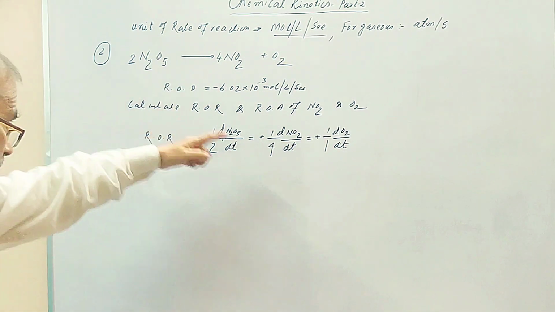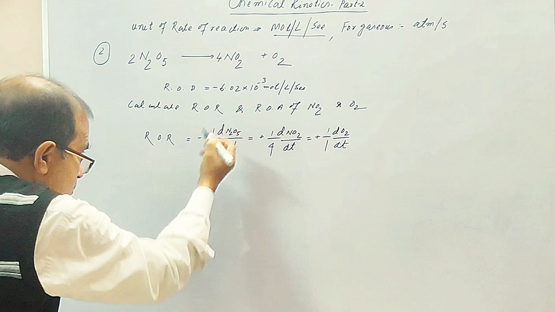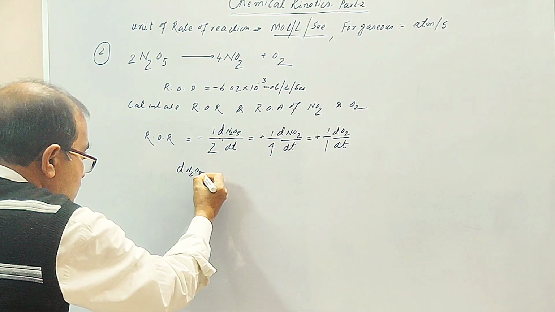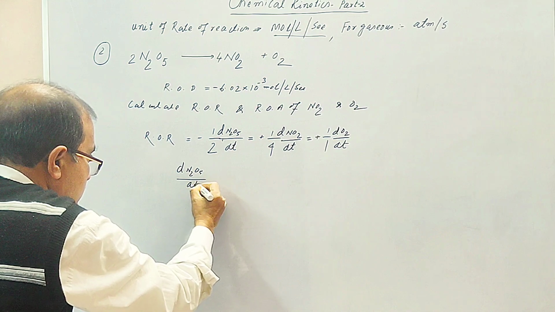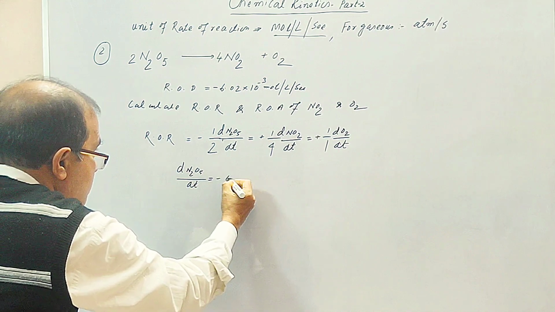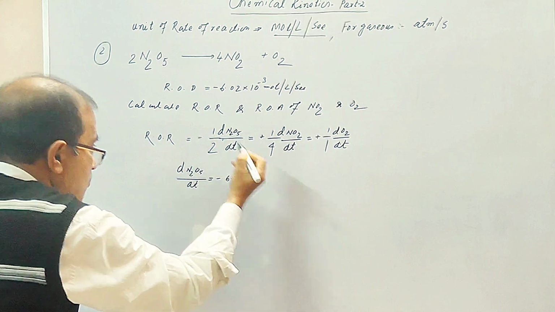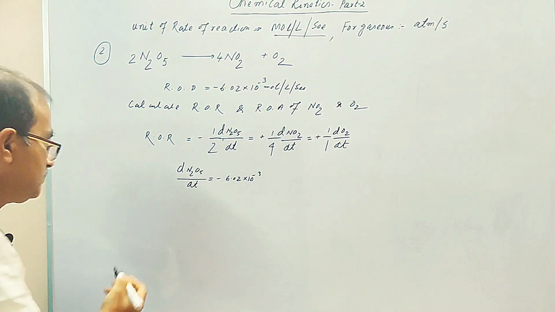You have been given ROD, means this value is given. You have been given d of N2O5 by dt, right? Is this minus 6.02 10 to the power minus 3 mole, right?